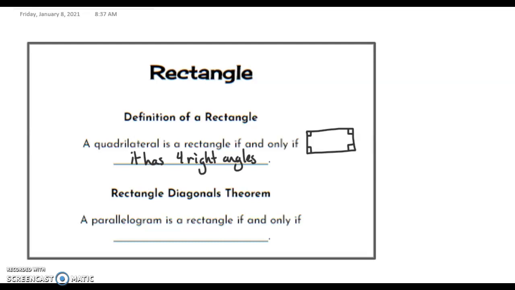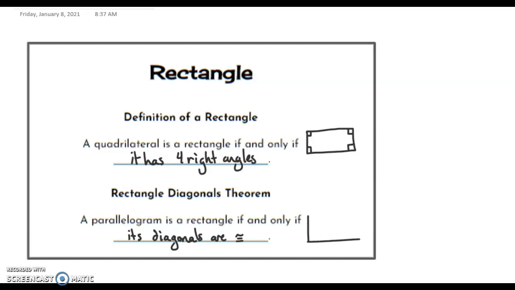Okay, now the rectangle's diagonals theorem says a parallelogram is a rectangle if and only if its diagonals are congruent. So on a parallelogram or a rhombus, the diagonals aren't necessarily the same length.